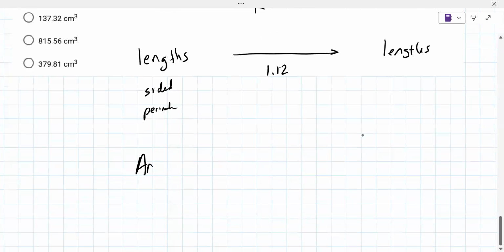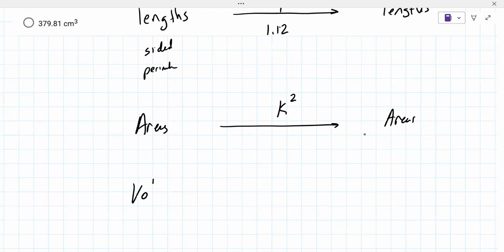When you have areas, like the area of a circle, area of a rectangle, you use k squared. When you have volumes and you're going to new volumes, like we're doing in this problem, you go k cubed.